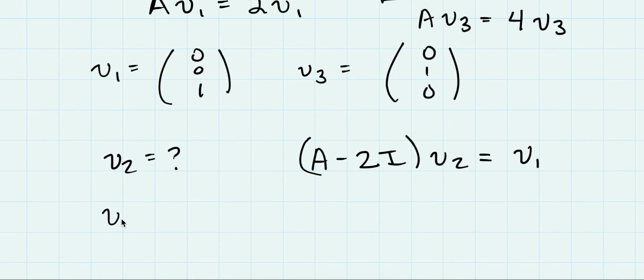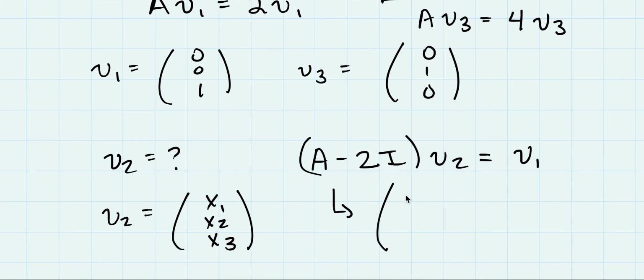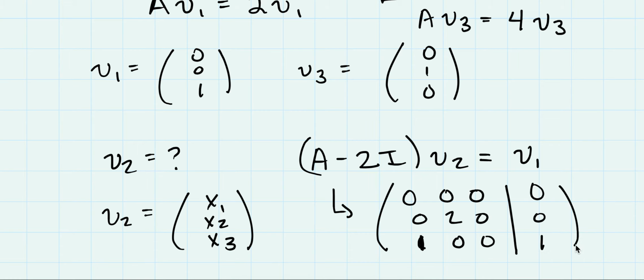And we can say v2 is equal to x1, x2, x3. So all you need to do is subtract 2 times the identity from your matrix A, which we know is, this is a 1, this matrix. And then you want it to equal v1, which v1 is 0, 0, 1.